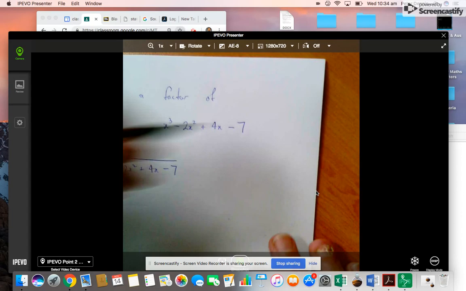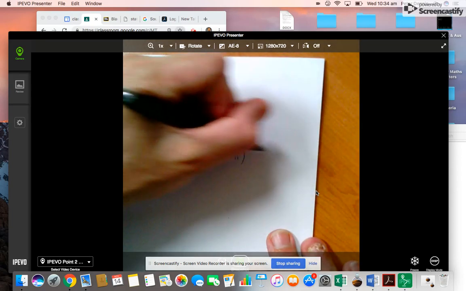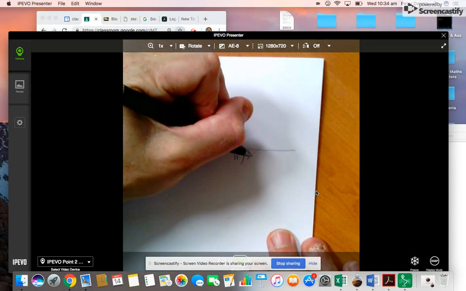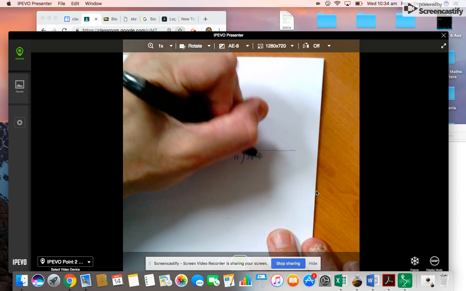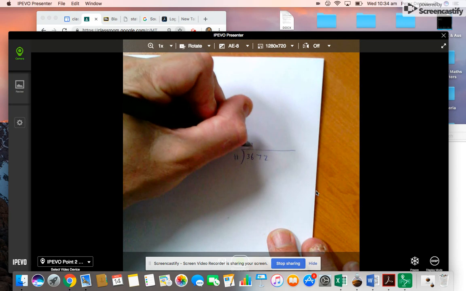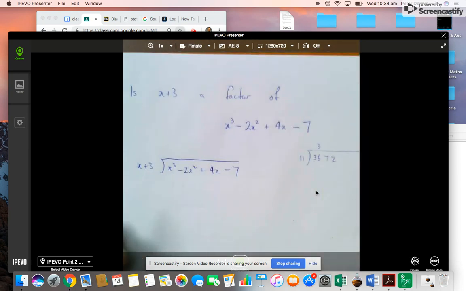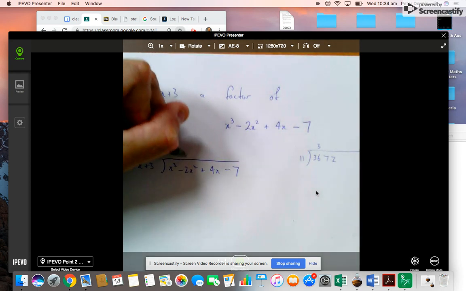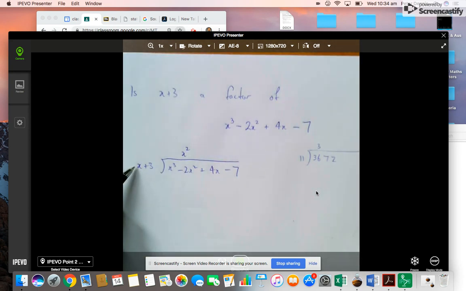So really what we're doing is, if we had something like 11 into 3,672, we would say, how many times does 11 go into 36? And we would say 3 times. That's exactly what we're doing here. How many times does x go into this? x squared times. And then we multiply it back.